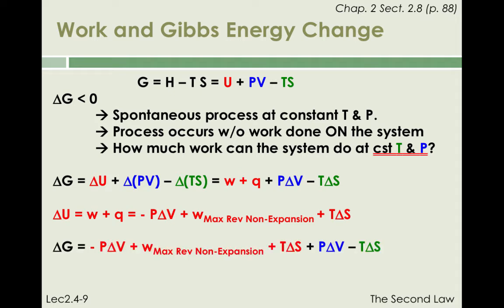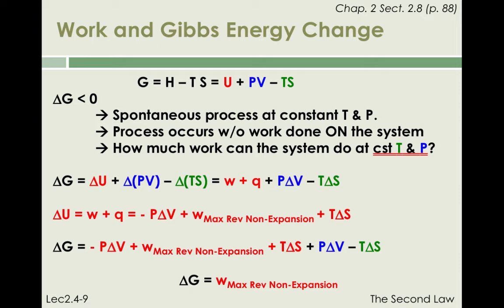Next, we substitute this expression of delta U in delta G and obtain delta G equal to minus P delta V plus maximum reversible non-expansion work plus T delta S plus P delta V minus T delta S, which simplifies as delta G equals maximum reversible non-expansion work.